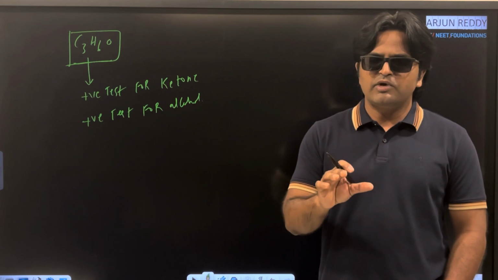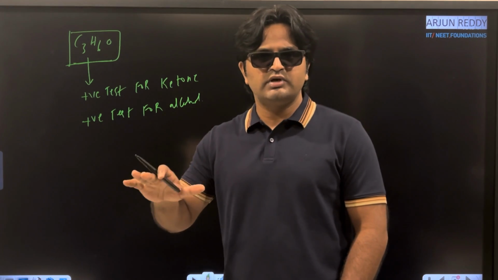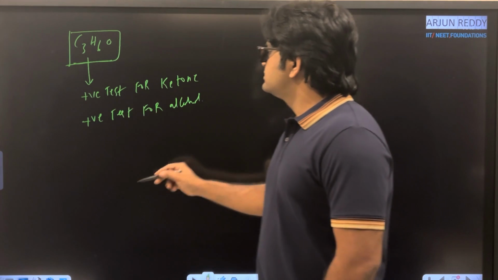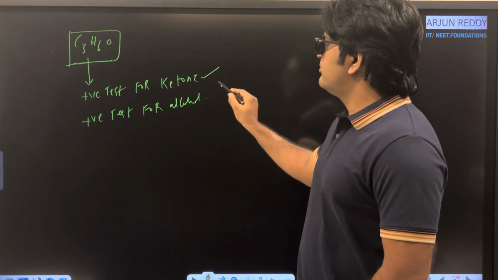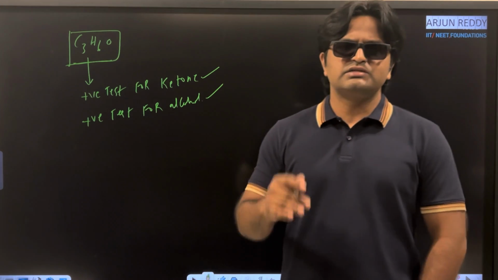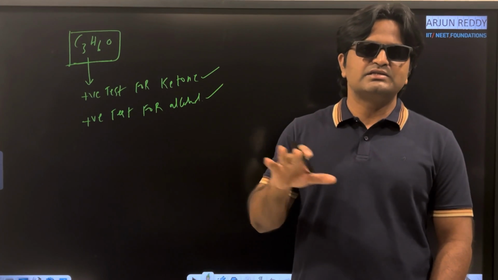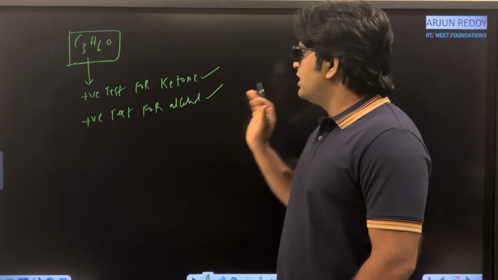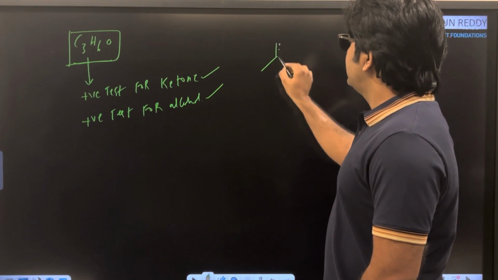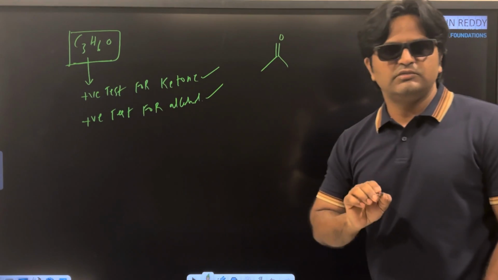First I am taking one molecular formula, C3H6O, right? And if you take chemical tests for that molecule, it gives a positive test for ketone and a positive test for alcohol. Okay, so according to these chemical tests, how are we going to write the structures of these two compounds? First one I am writing like this: CH3, C double bond O, CH3, ketone.